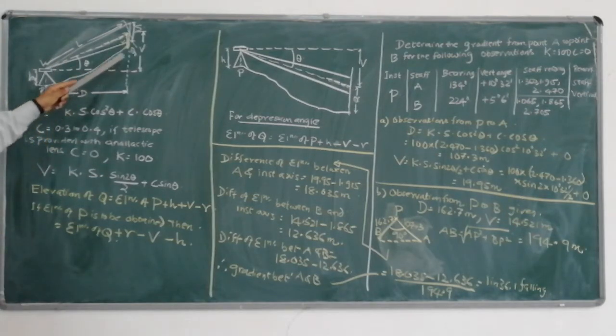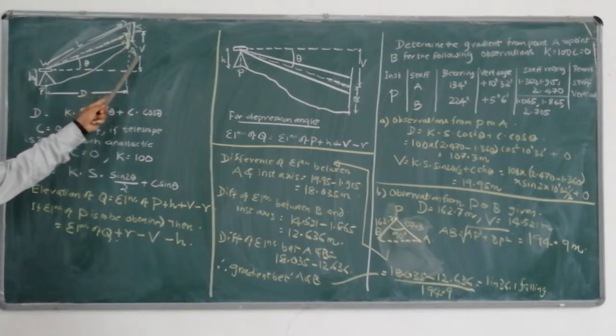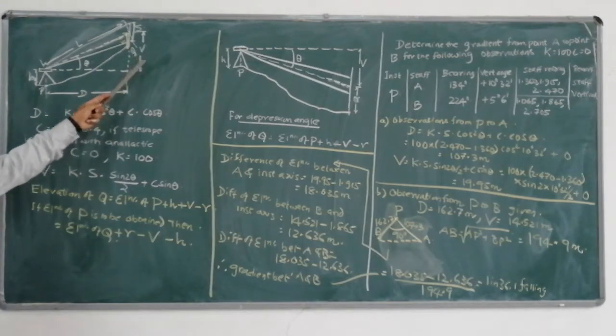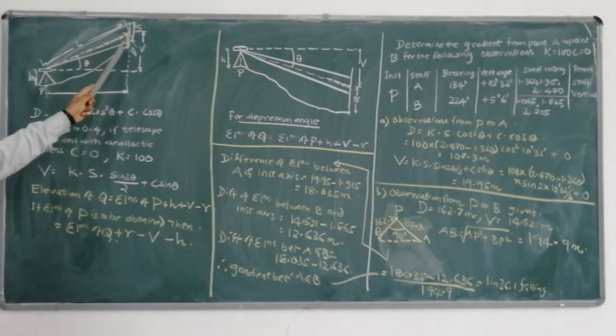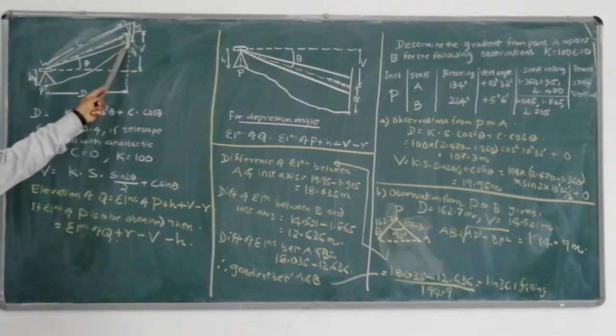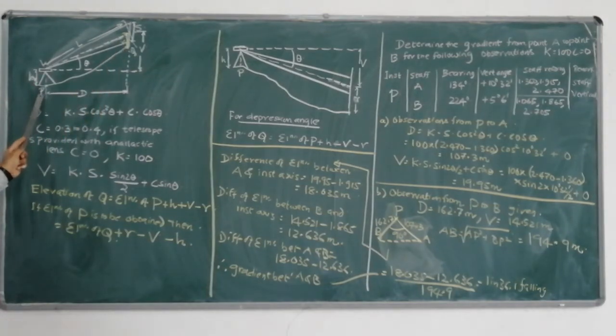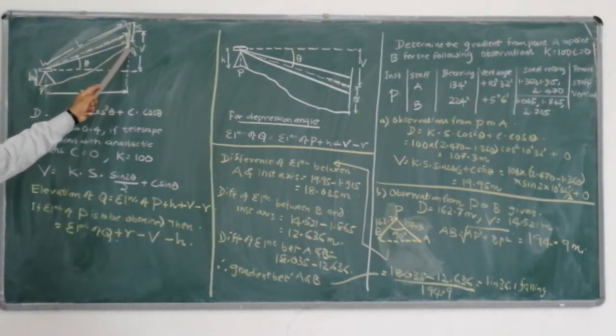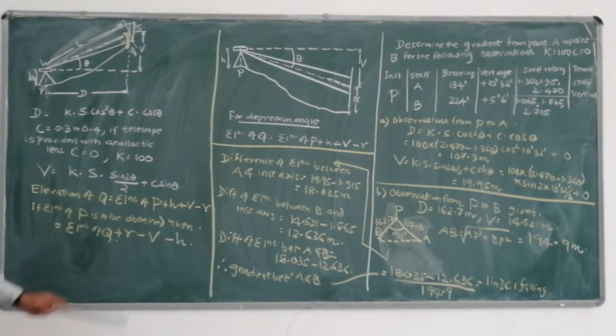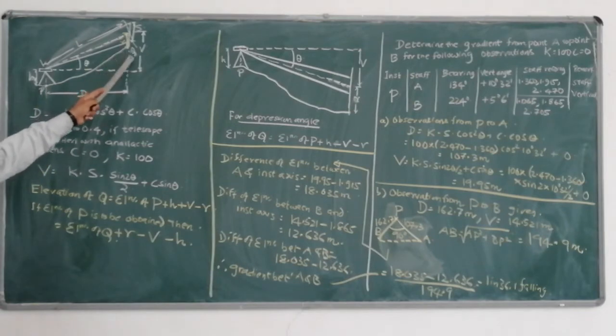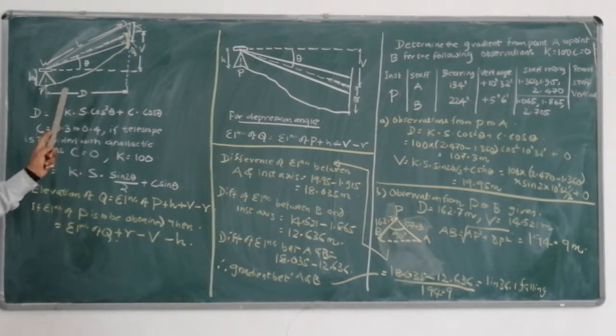Because Q is at a much higher elevation compared to P, the line of sight is not going to be horizontal. So the line of sight will be inclined, and it is inclined upwards. That means point P is at a lower elevation compared to point Q, so the angle of elevation is what we are observing.